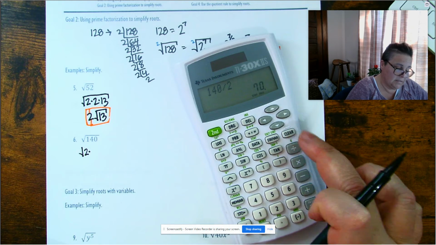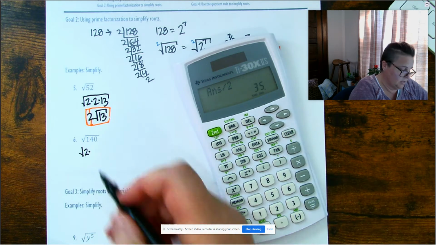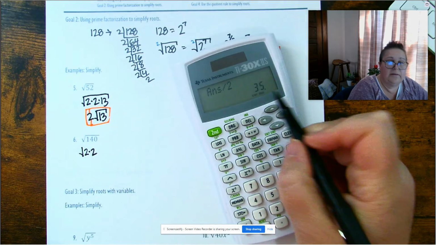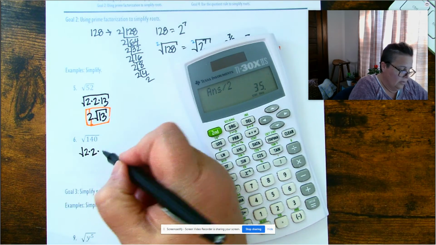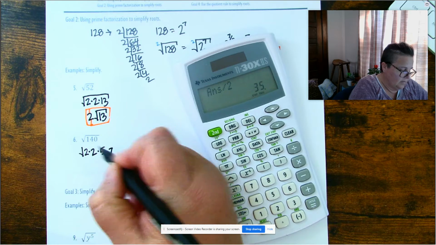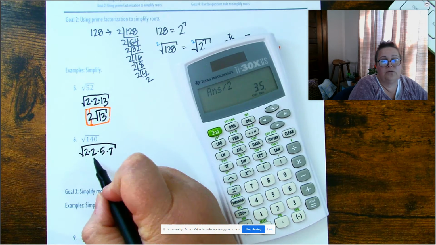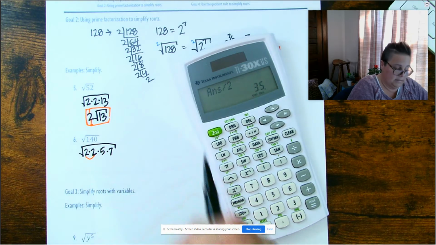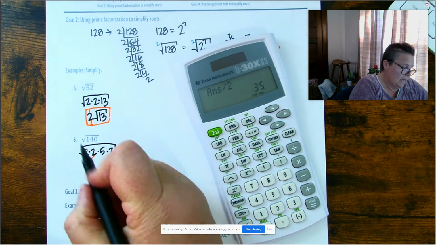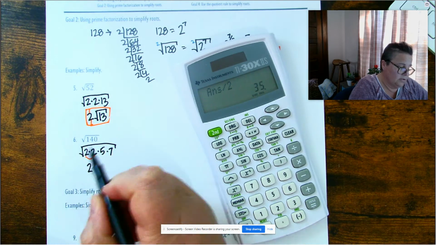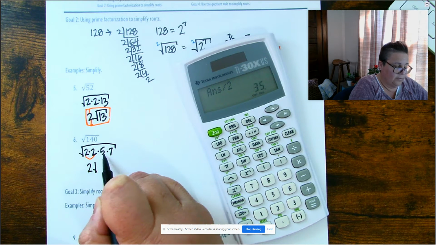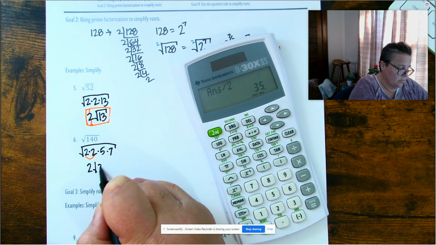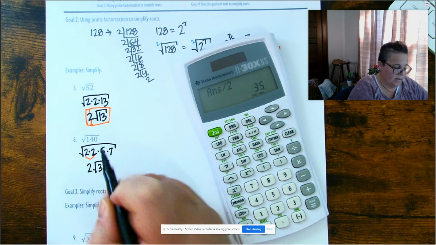That's 70, which is still even, so I can divide this by 2. That leaves me with a 35, which is 5 times 7. So this is 2 times 2 times 5 times 7. This is a square root. And since I have 2 2's, I can pull a single 2 up front, and I'm left with 5 times 7 inside, or 2 square roots of 35.